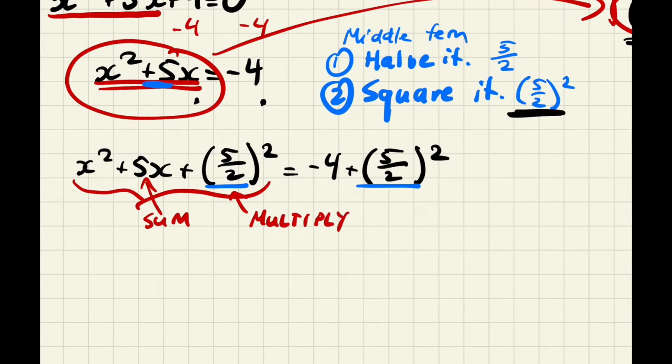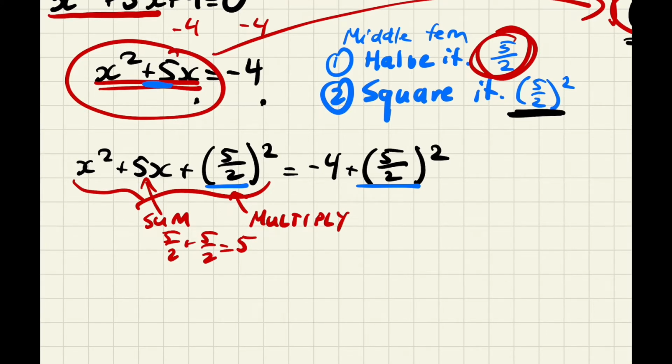And the short answer to that is 5 on 2, because 5 on 2 plus 5 on 2 is equal to 10 on 2, which is 5. And then, of course, 5 on 2 times 5 on 2 is 5 on 2 squared. So basically, whatever number you came up with when you halved that middle term, that's what you're going to put into your brackets when you factorize.